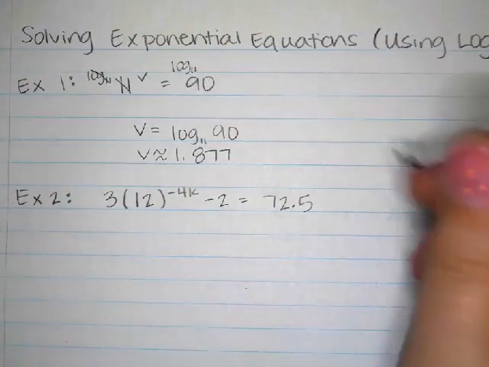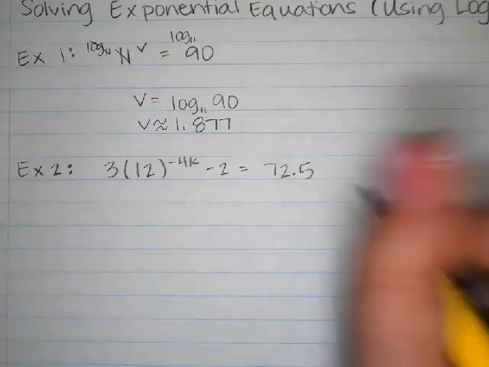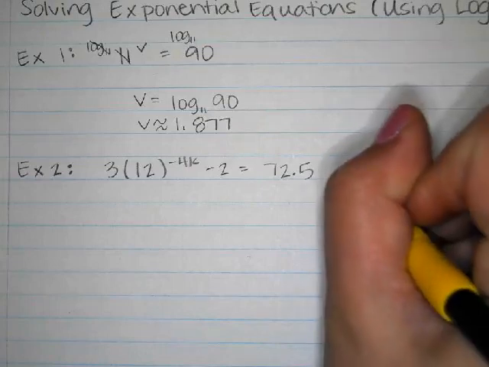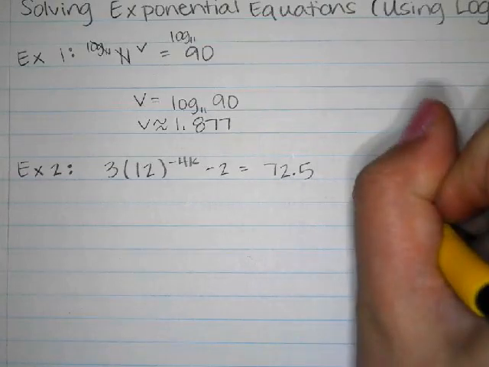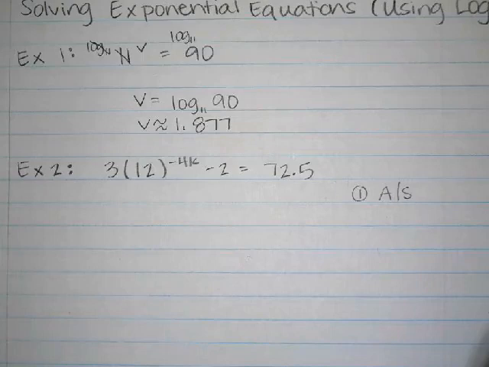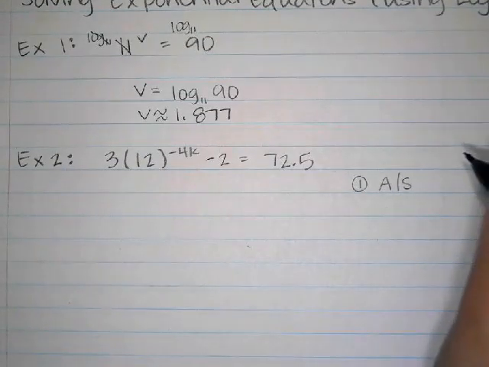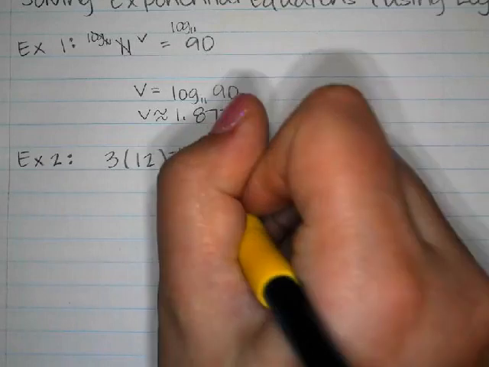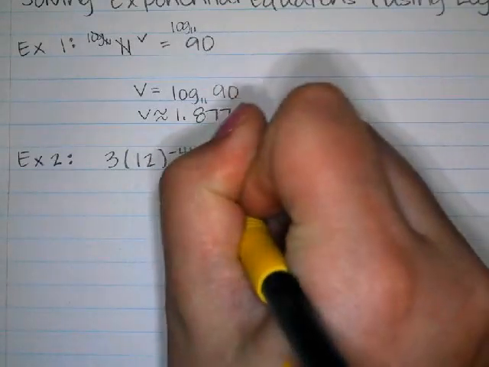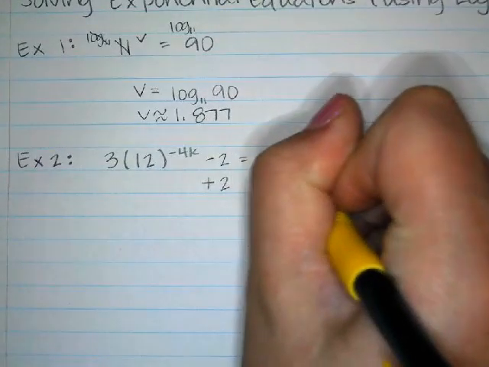Okay. So we're just going to remember that whenever we're solving an equation for a variable, we have to do PEMDAS backwards. The first thing I ask myself is, is there anything easy to add or subtract to move it away from the variable? The 2 would be easy to add to get it away from the side with the k.